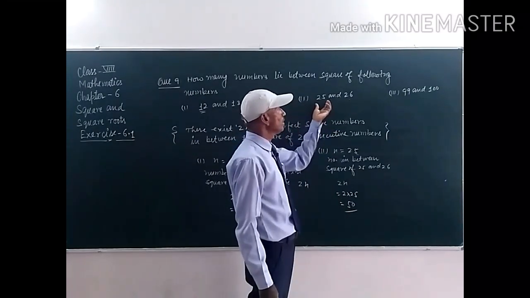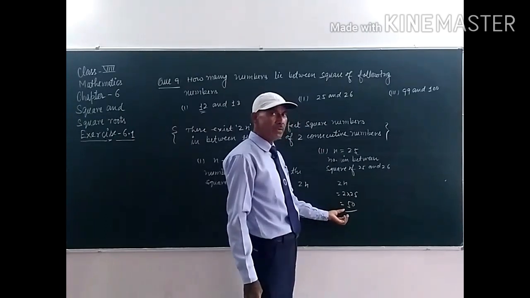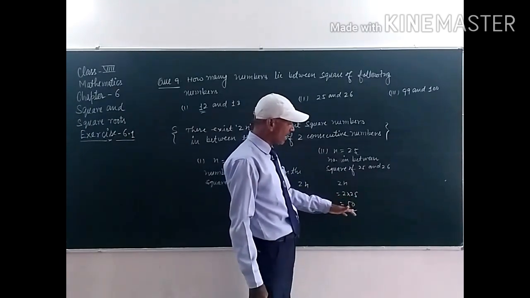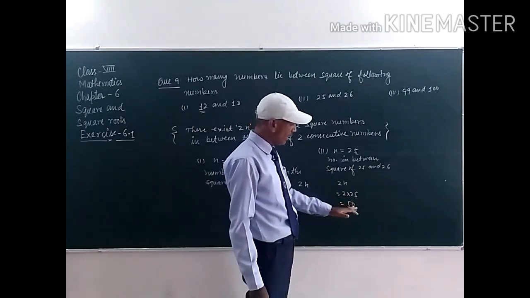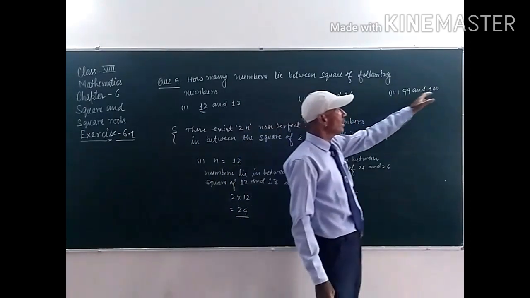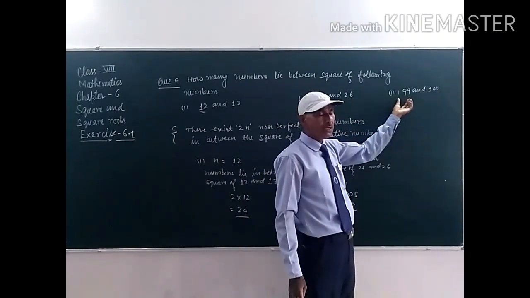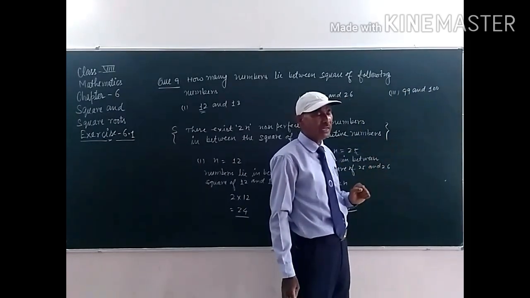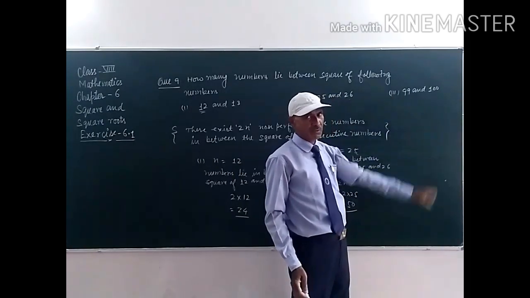In between the squares of 25 and 26 there will be 50 numbers, and student, remember this, these numbers are not perfect square numbers, clear? And in between 99 and 100, n is equal to 99, so 2n will be 99 into 2, that will be 198. There will be 198 non-perfect square numbers.